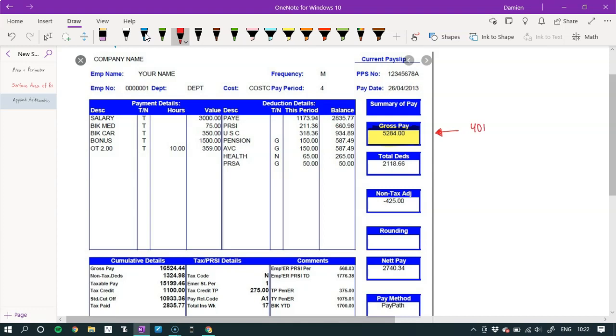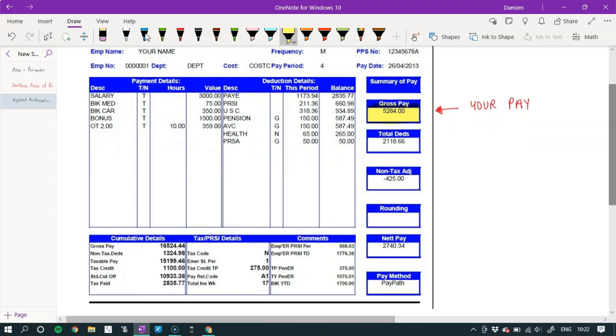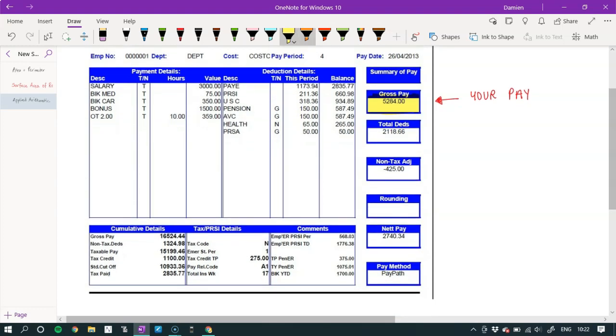Your employer gives you that, so that is your pay. But what you get paid and what you actually get landed into your bank account or into your pocket are two completely different numbers. So your gross pay is the pay that you get from the employer, from your job.